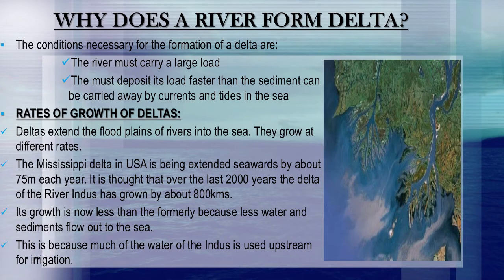You can see that it says that deltas extend the floodplains of rivers into the sea, and they grow at different rates. The Mississippi delta in the USA, that is the United States of America, is being extended seawards by about 75 meters each year, and it is thought that over the last 2000 years the delta of the river Indus has grown by about 800 kilometers.